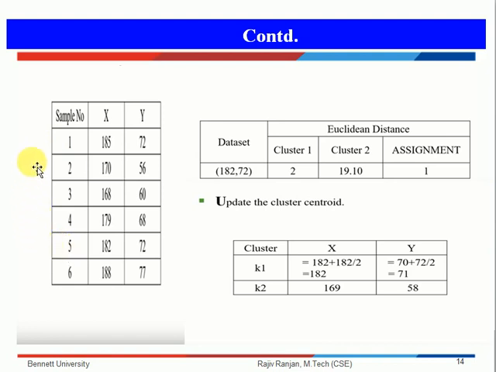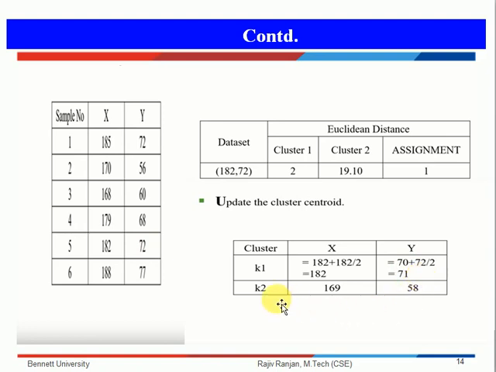So again, as per the changes, we have to update the centroid value. So let's update. 182 plus the previous updated centroid value 182 upon 2 is 182 again, and the previous updated centroid value 70 and 72 from here get added and divided by 2, we got 71, right?